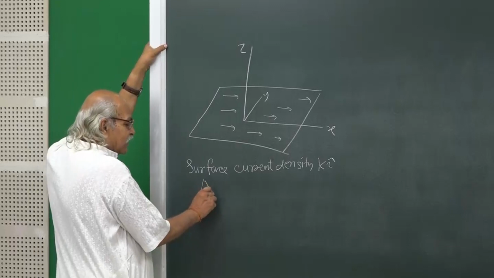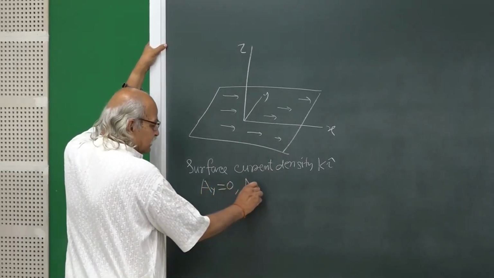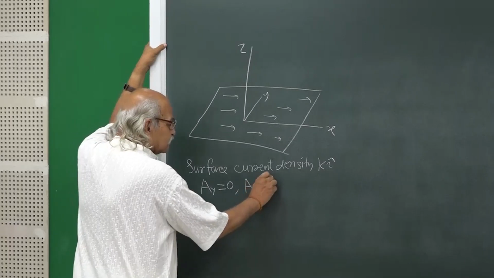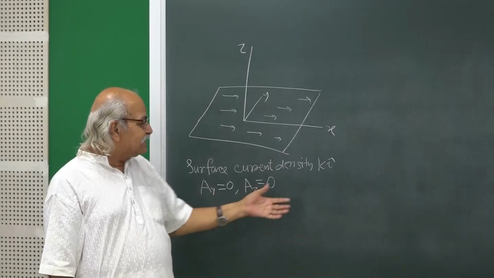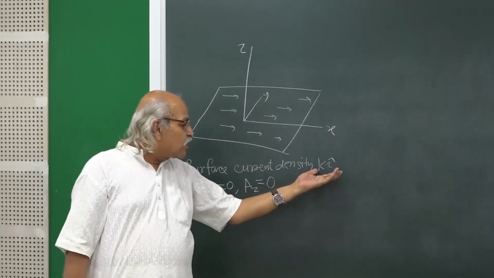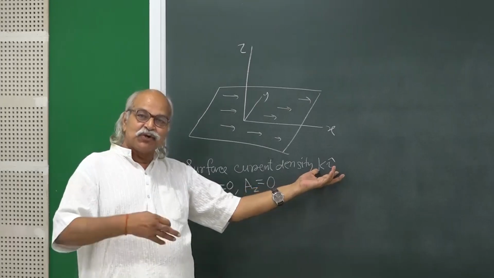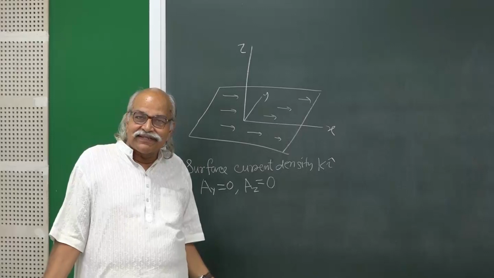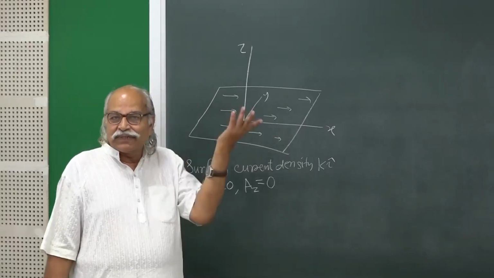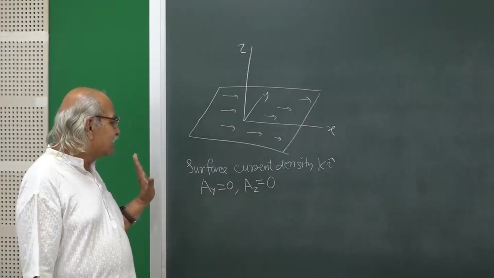Therefore, Ay will be 0 and Az will be 0, first thing. Because for getting Ay, we will take the y component of the current density which is 0, and then if you assume that that is the charge density, there is no charge density, it is 0. So, no potential, 0 potential everywhere. So, Ay and Az are 0.